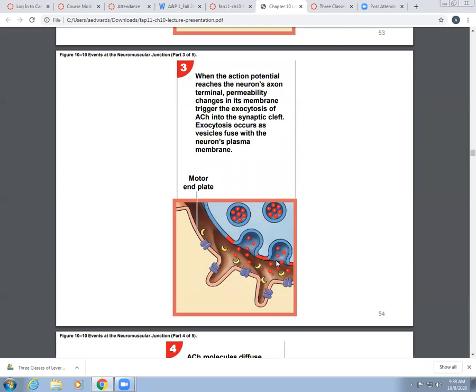So if you're releasing things out of the cell from vesicles, what do we call that? You might remember? Exocytosis, right? Okay, so that action potential triggers that exocytosis, releasing acetylcholine into the synaptic cleft.